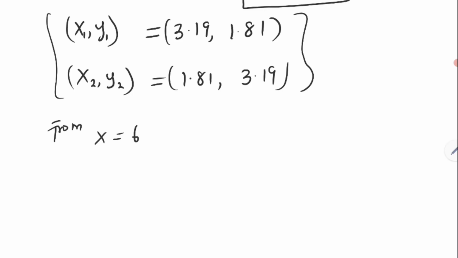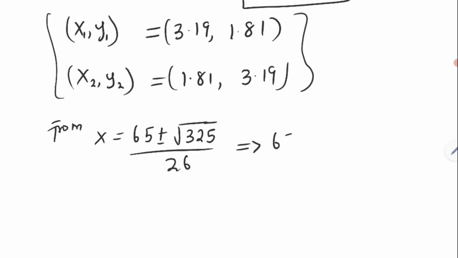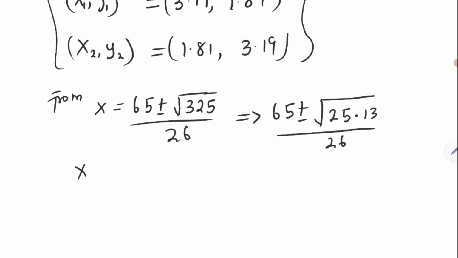S is equal to 65 plus or minus square root of 325 over 26. Now this is the same thing as 65 plus or minus square root of 325, which is 25 multiplied by 13, over 26. S is equal to 65 plus or minus square root of 25.